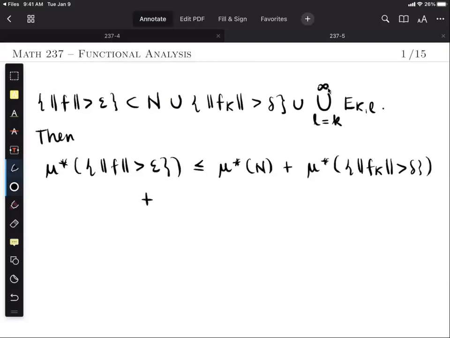The A sub k,l are increasing with respect to L, so this is the same as the limit of the outer measure of A sub k,l. Since the set here lies in the algebra, we could replace this by just the pre-measure.